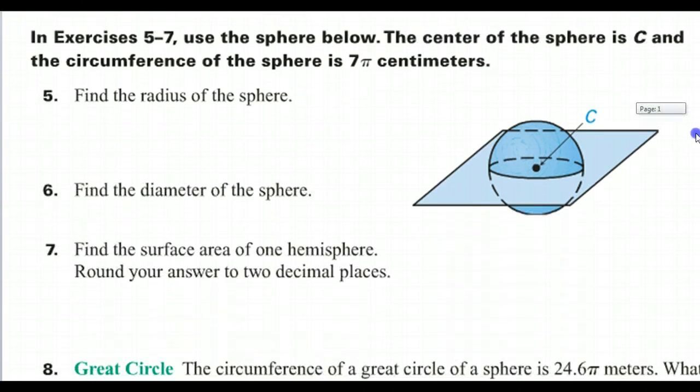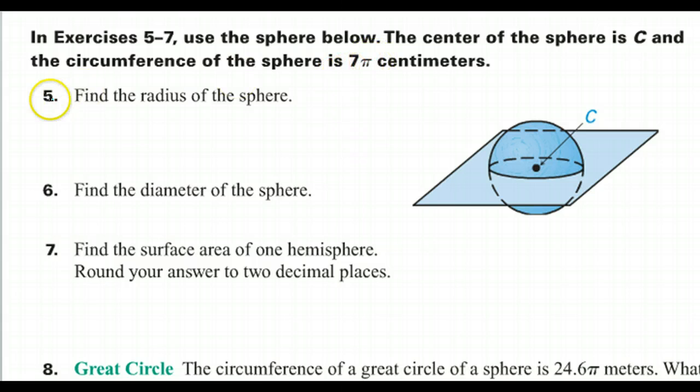All right, what's next? In these exercises, we will use the sphere below. The center of the sphere is C. The circumference of the sphere is 7 pi. Circumference. Now look, they're giving us the circumference. So if they give you something, write down the formula for that something.